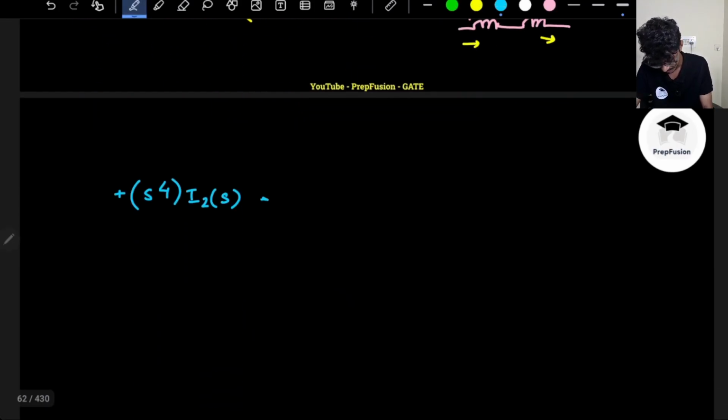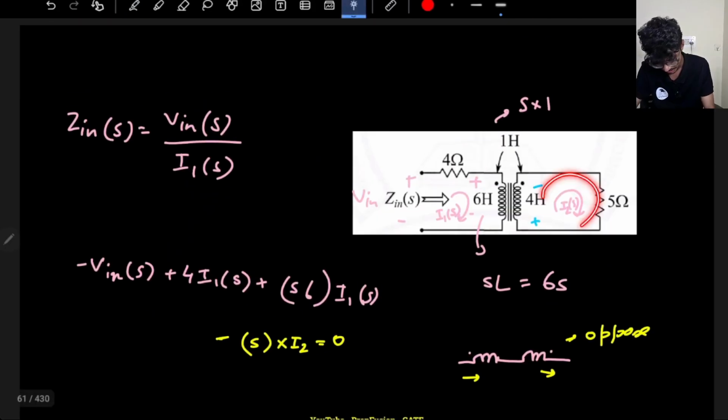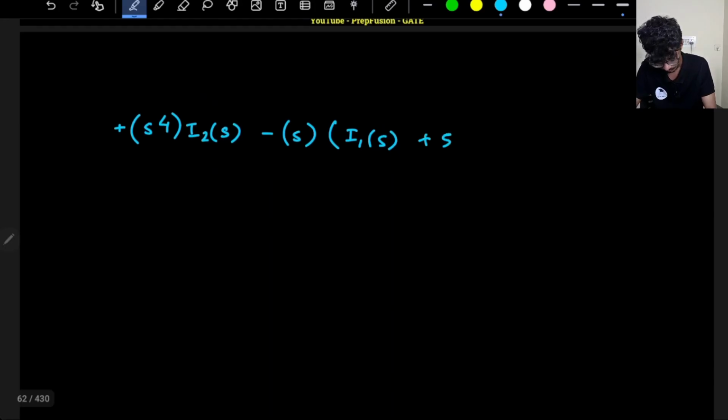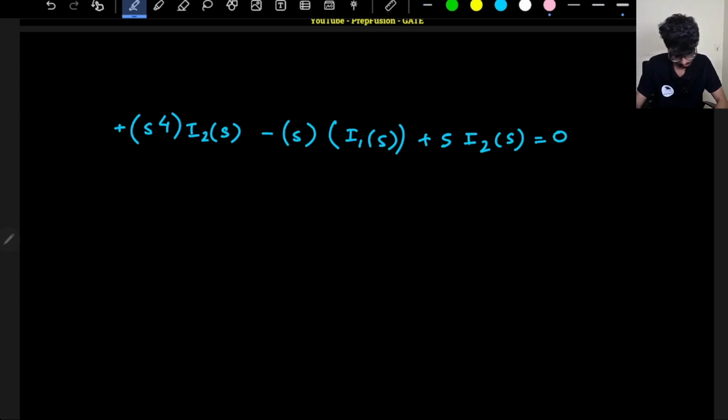So this will be minus the mutual impedance into the current in the other coil, so it is I1 of S. Now again the current flows in this direction, so the drop across the resistor will be plus 5 into I2 of S, that is equal to 0.